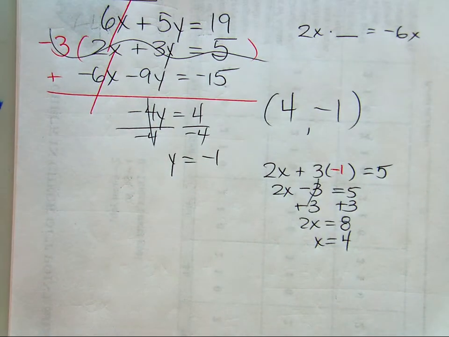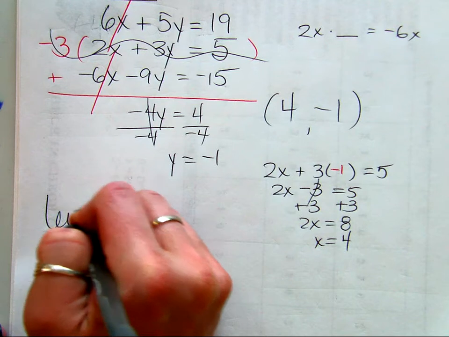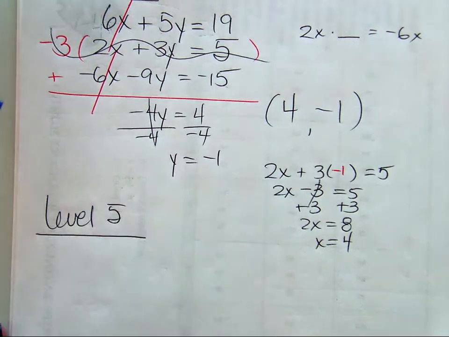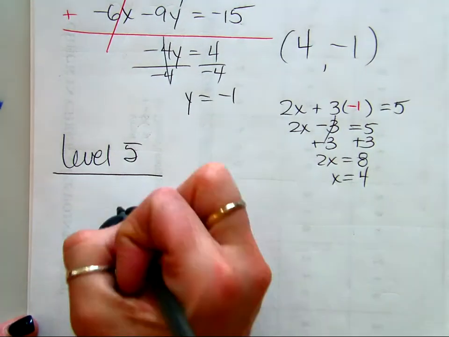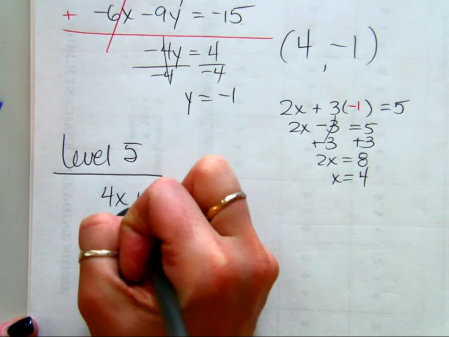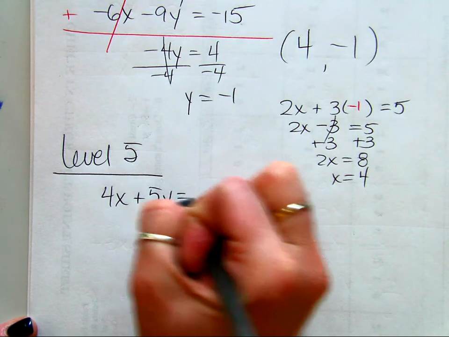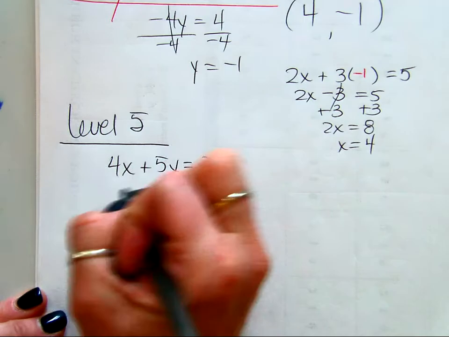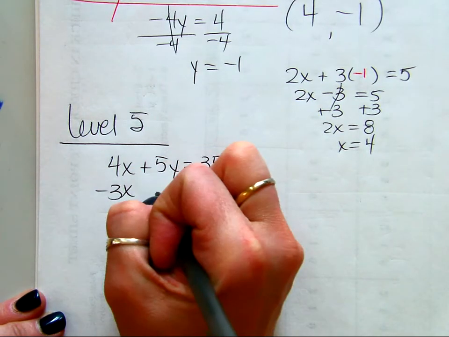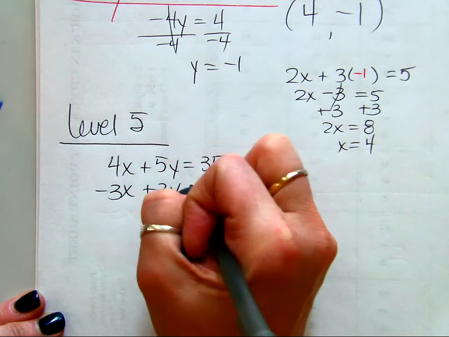I have one more to show you, and you can probably guess what it's going to look like. So level 5 looks like this. It looks like 4x plus 5y equals 35, and negative 3x plus 2y equals negative 9.